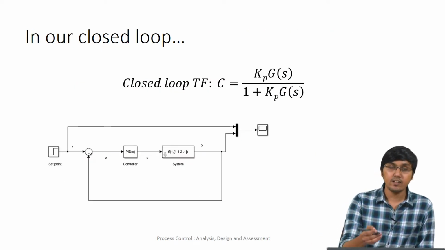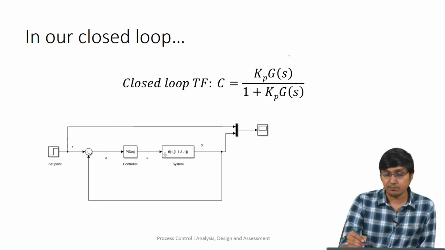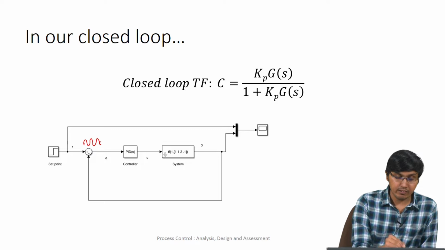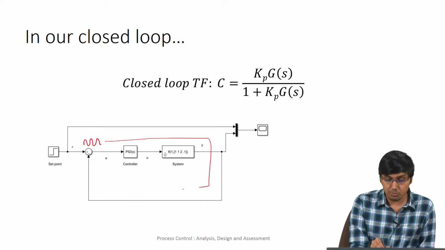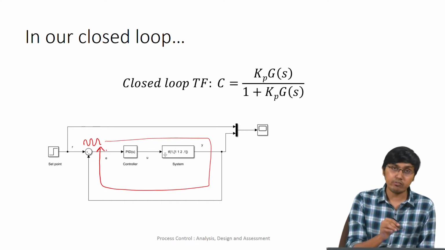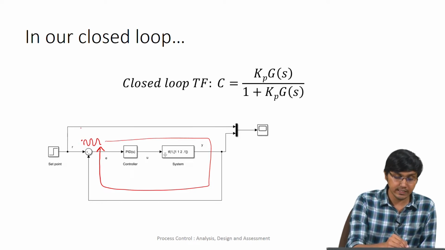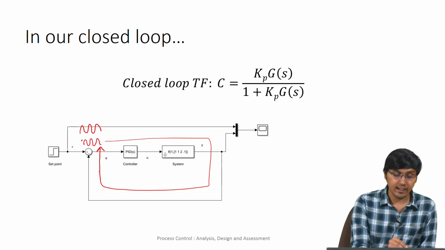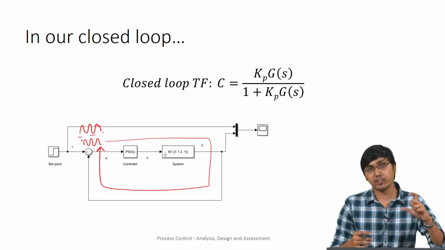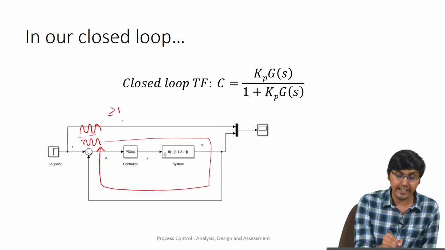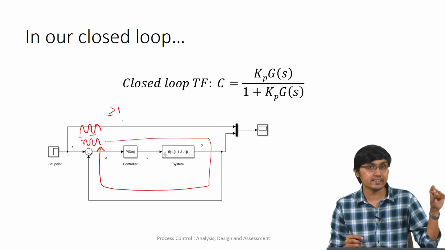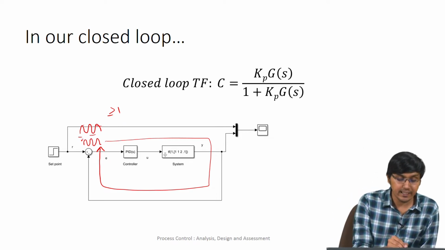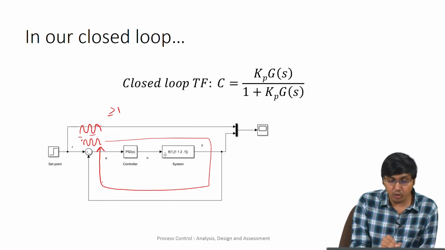What it basically says is: for a particular frequency, if the sine wave goes around the loop and comes back to the same point in phase with the input sine wave, and the net gain, meaning how much the magnitude has changed, is greater than or equal to 1, so that the amplitude has either increased or stayed the same, then this sine wave is going to go through the loop again and again.